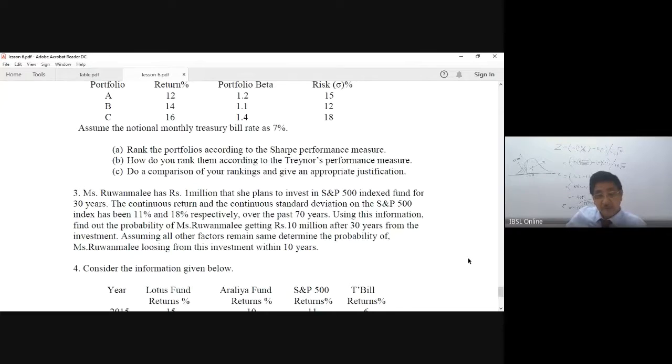That means there has been a very established trend. 70 years means a rather established trend, and you assume that it will be the same in the next 30 years also. So those assumptions are there, and the lognormal assumption is also there. So now you can make use of the formula to get the probability calculated.